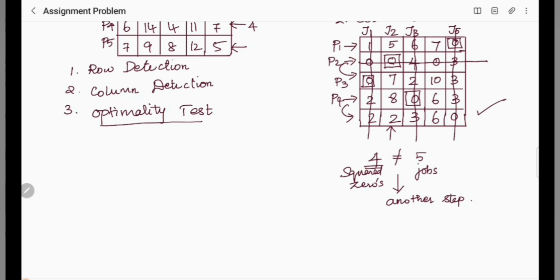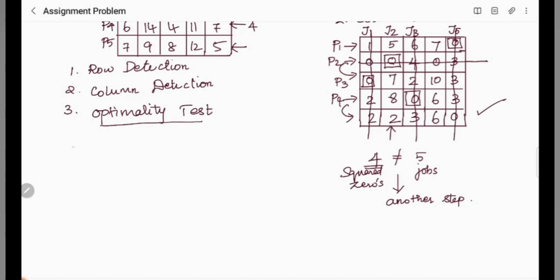Leaving the deleted cells, consider only the undeleted cells. That is, we have struck out the second row, the first column, the third column and the fifth column. Leaving the struck out cells, consider only the undeleted cells, and find the minimum number.